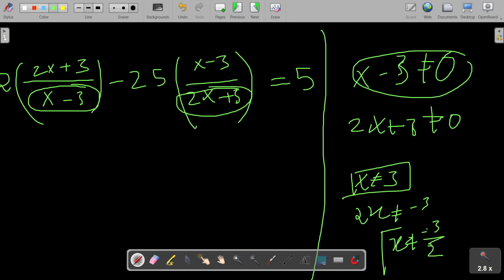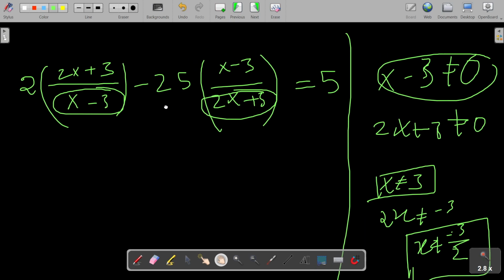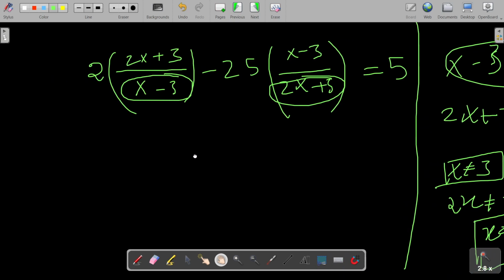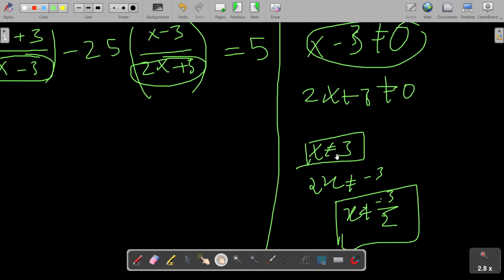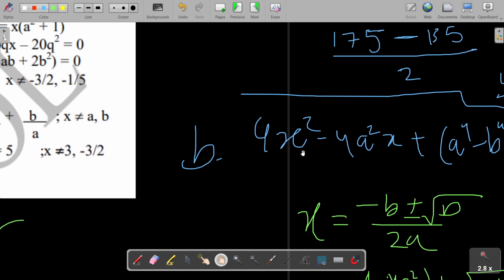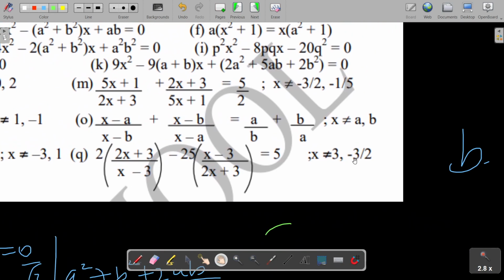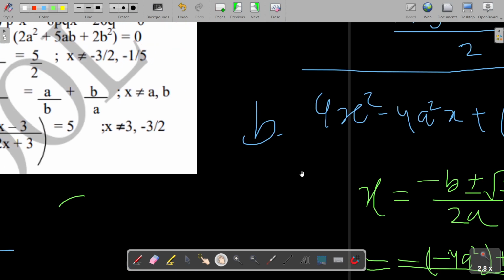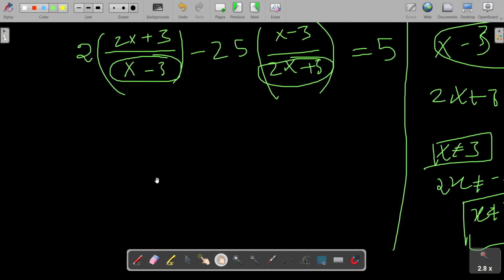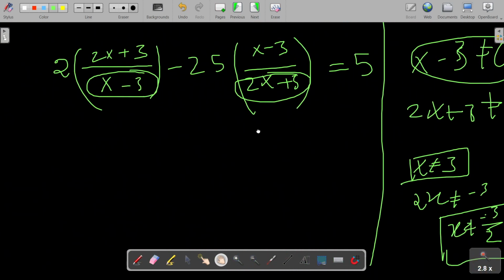So I have to exclude these two values when solving this expression. So x should not be equal to 3, and x should not be equal to negative 3 over 2. Here also it is given, you can see x is not equal to 3 and negative 3 over 2. So this is how we got this thing.